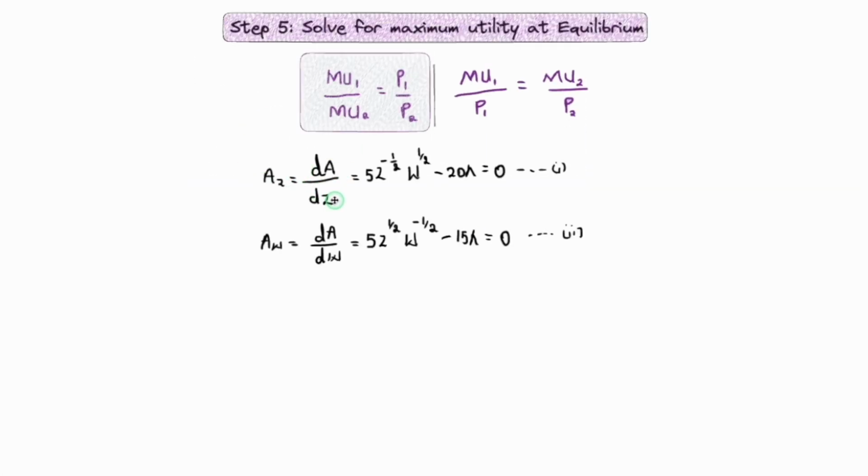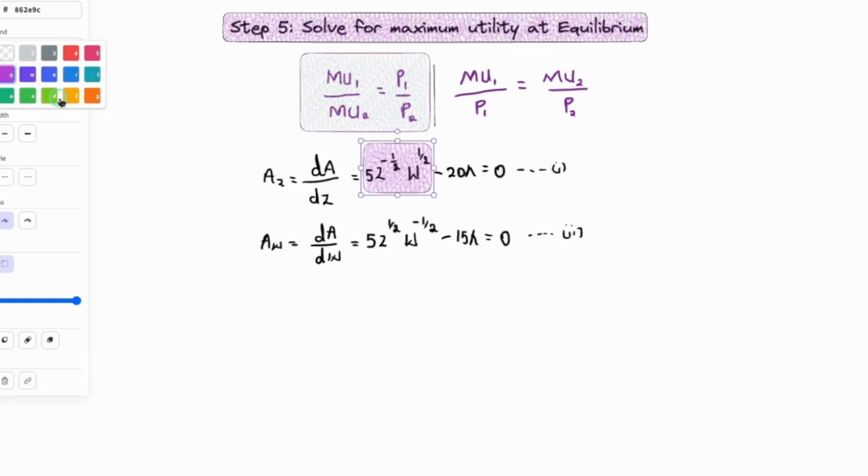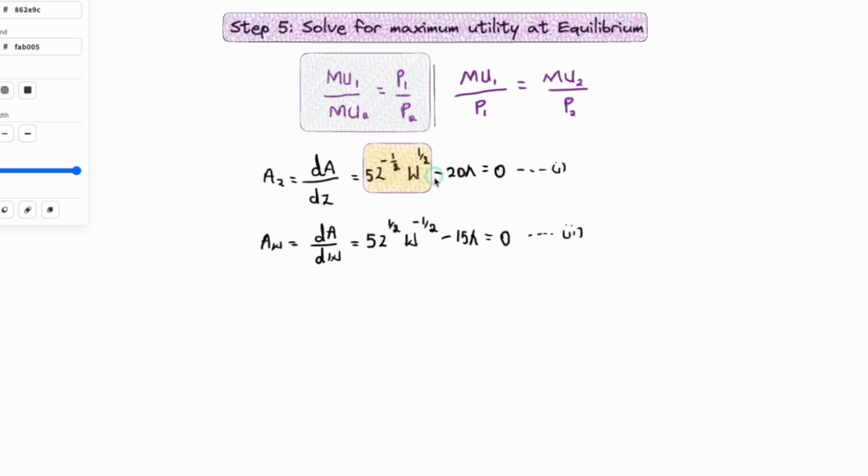What we're referring to as marginal utility 1 is precisely this section here, which I am highlighting in yellow. That is my marginal utility 1, and what I highlight second here, that is my marginal utility 2.